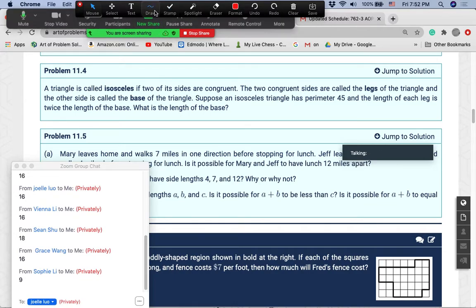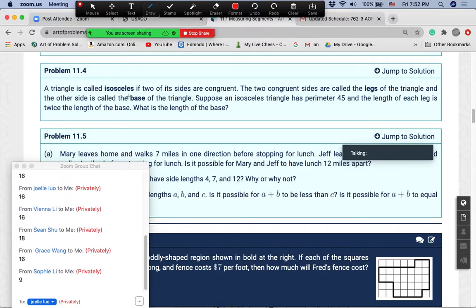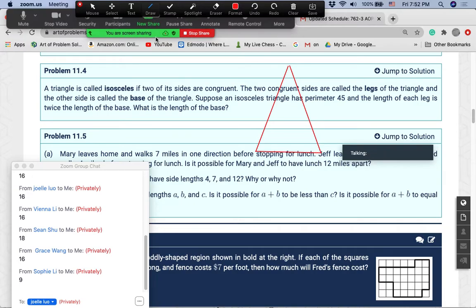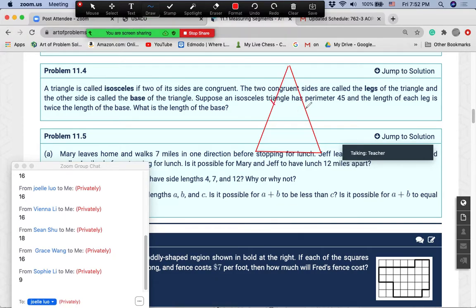So for this problem, you also need to first draw a diagram. See, this is an isosceles triangle. Suppose we draw this one equal to this one. Okay, then connect this. They tell you the two congruent sides are called legs of the triangle, and the other is called the base.